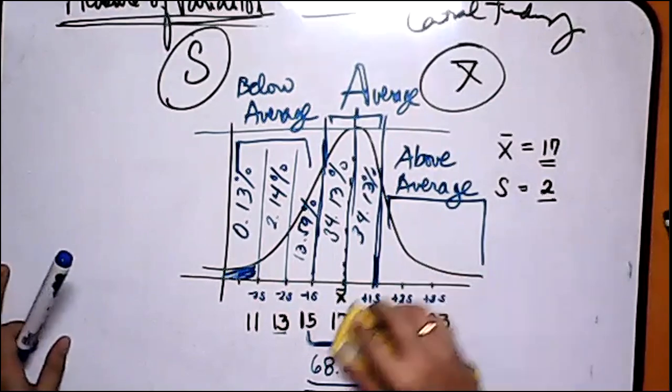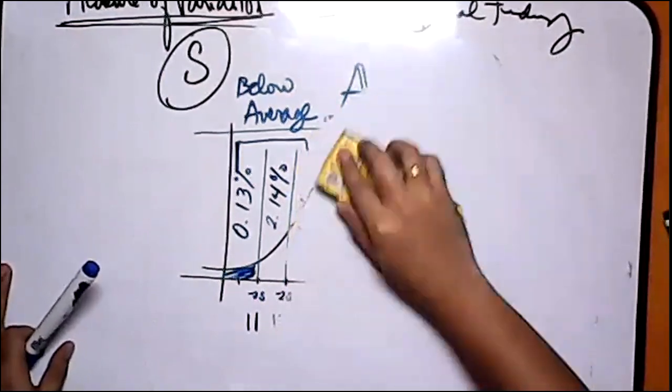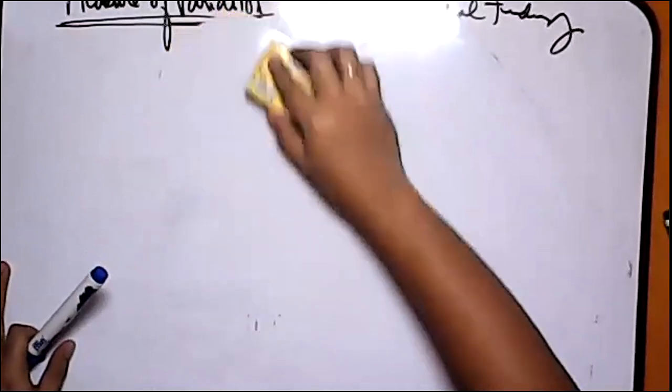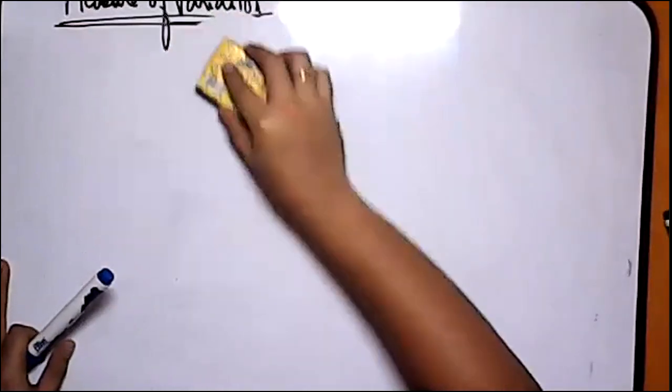Okay, let's proceed. Mentioning the normal curve, there are many kinds of normal curves, because the normal curve can also tell us if the data is spread or not.